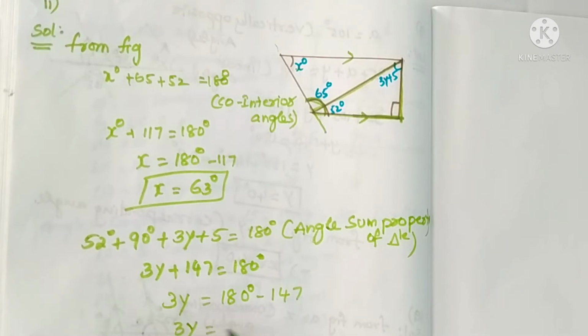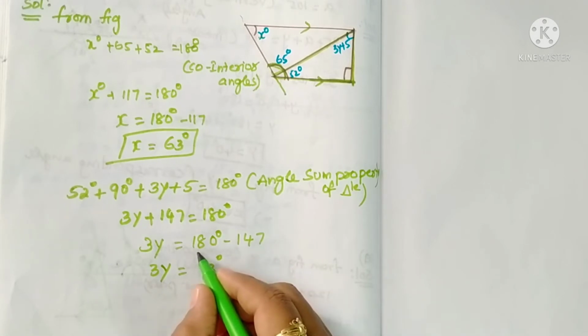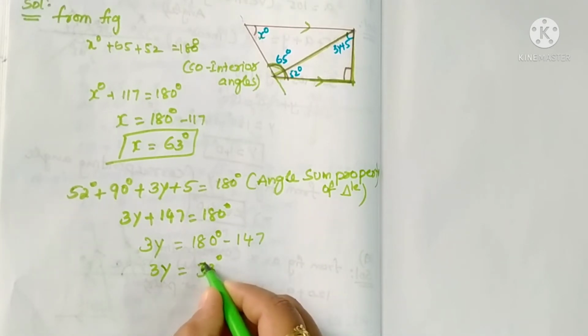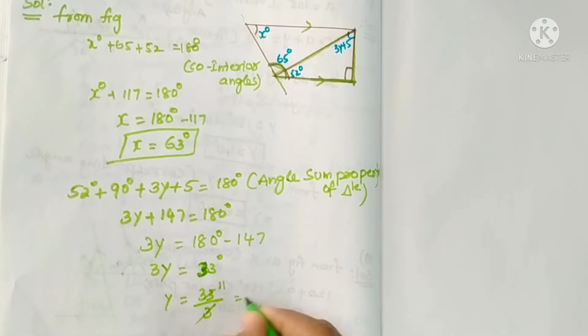So 3y equals, sorry, 33 degrees. So y equals 33 by 3. This is 11 degrees.